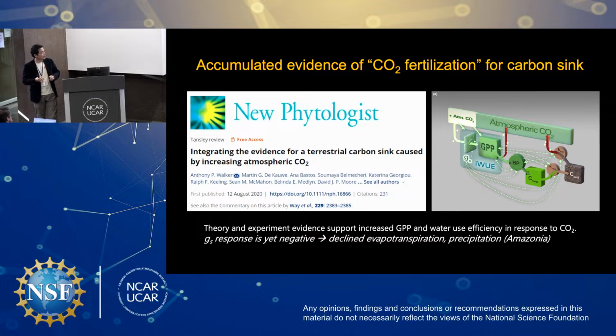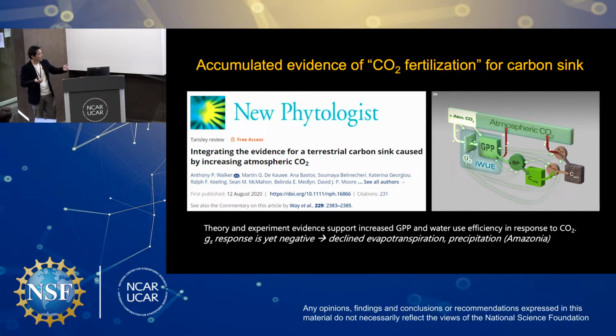Here I'm showing a recent review from the carbon cycle community. They are trying to integrate different evidence from observations, theory, and experiments, like FACE experiments, to illustrate the effect CO2 fertilization could have on the carbon cycle. Based on this evidence, it is generally agreed that CO2 fertilization could have a positive influence, increasing the land carbon sink in the future.